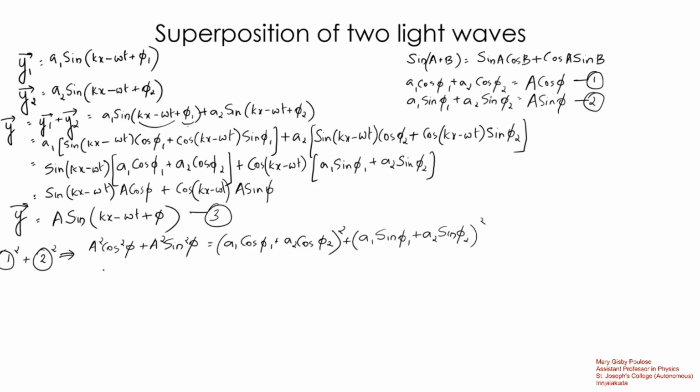Okay. Now here this becomes A square into sin square phi plus cos square phi, that is 1. Okay.